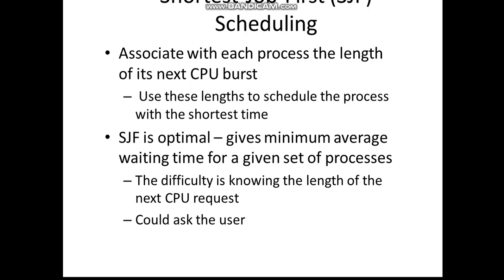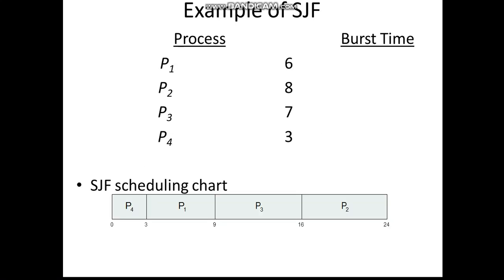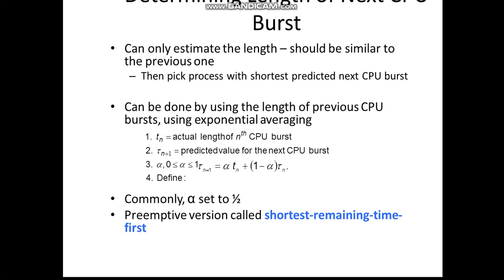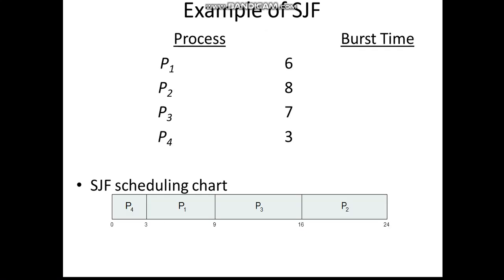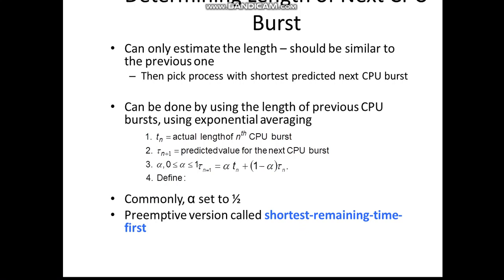One solution is that we can ask the user to give this information in advance. So this is an example of how SJF works. Again, you need to refer to the video on SJF for this. This is talking about how to estimate the future burst time of a CPU, how to predict the next CPU burst.